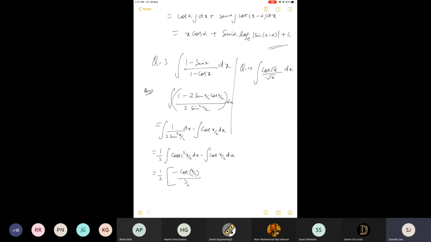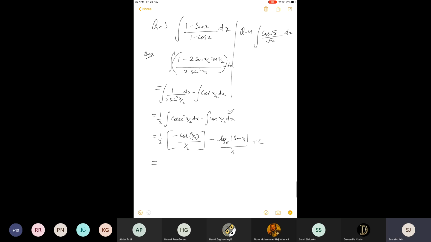That rule: if you change x to ax plus b, then the appearance of the formula answer is the same, but the integral also gets divided by the coefficient of x. And integration of cot is the standard formula we just discussed. The formula will be log base e mod sin(x by 2). Here also the coefficient is half, so this will also be divided by half. Finally, the half and half will cancel. Minus cot(x by 2) minus 2 log base e mod sin(x by 2) plus c.